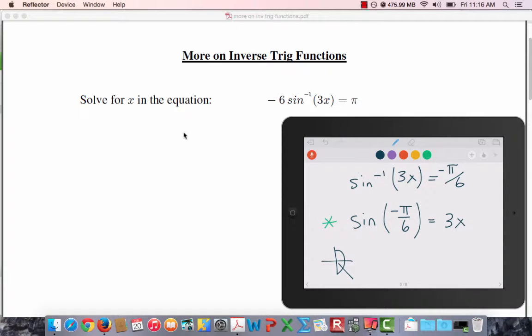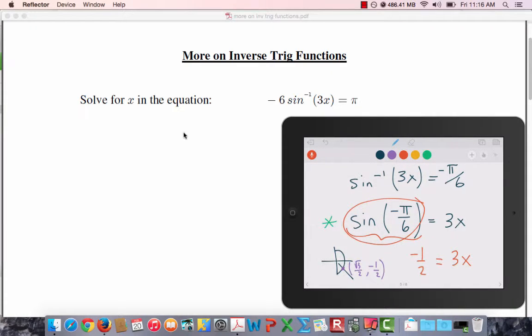-pi/6 is down in the fourth quadrant, and the sine of -pi/6 is -1/2. So the value of the left-hand side of this equation turns out to be -1/2, so we can substitute -1/2 in for that entire side, and the right-hand side of the equation stays the same, of course, as 3x.